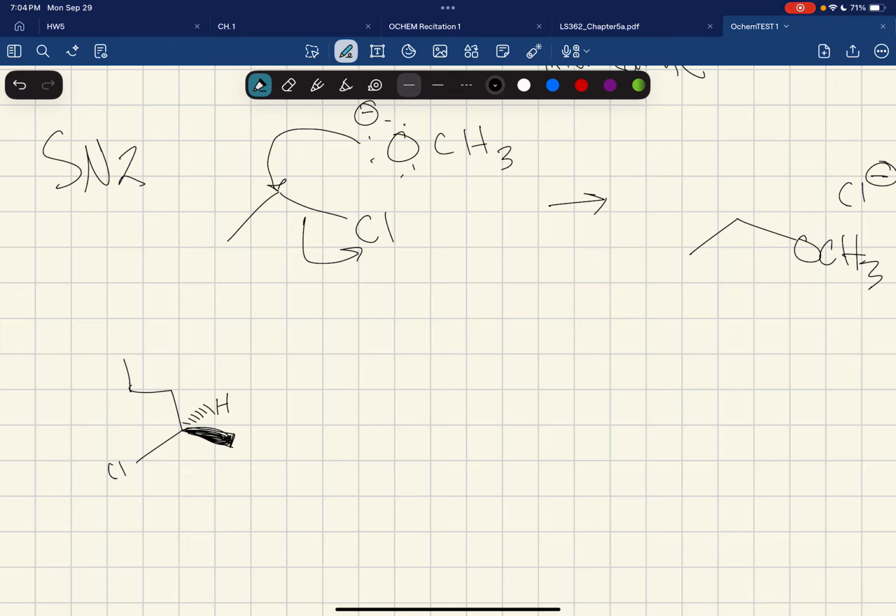So there's the stereocenter. If you count it out, it's first group, second group, third group. Right now it's R. This group will come in through backside attack. This will come off.